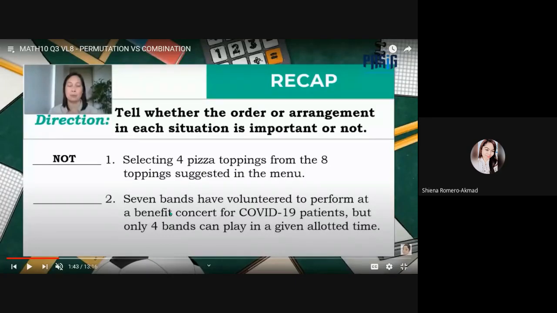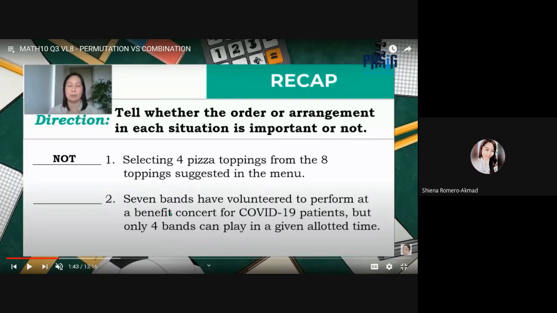Remember, in this situation, yung goal lang nila is to perform para sa mga COVID-19 patients. And since they share the same goal, isa lang yung patutunguhan nila, right? Now, if they are going to select 4 bands from 7, it doesn't matter kung sino yung mauna, pangalawa, basta they achieve their goal, which is to perform for the COVID-19 patients.